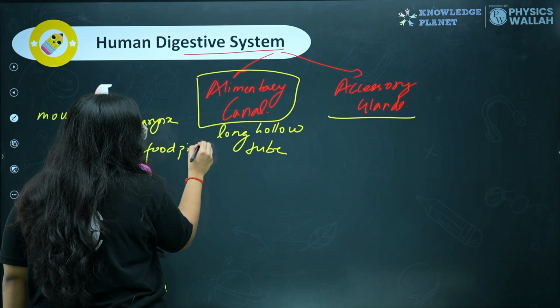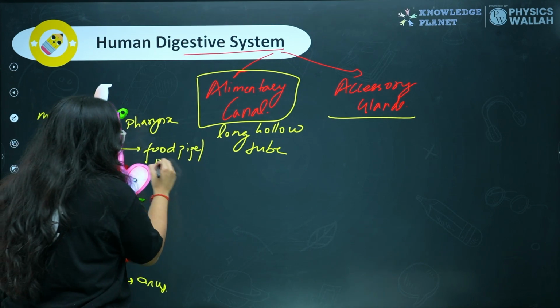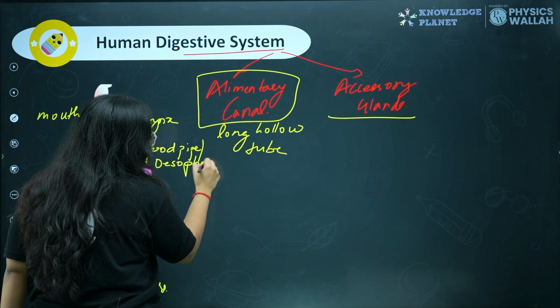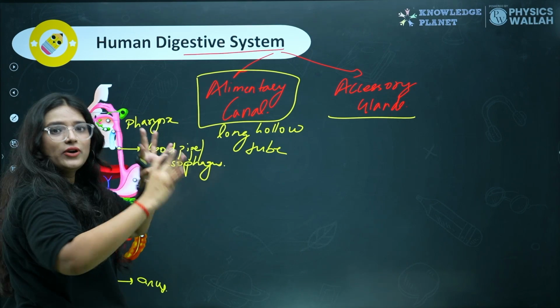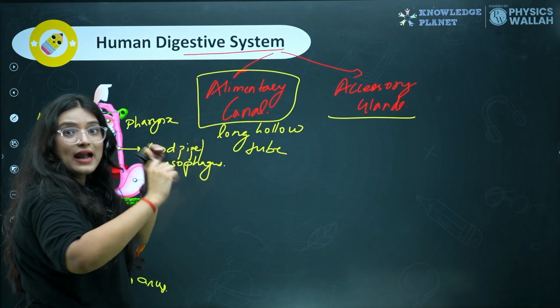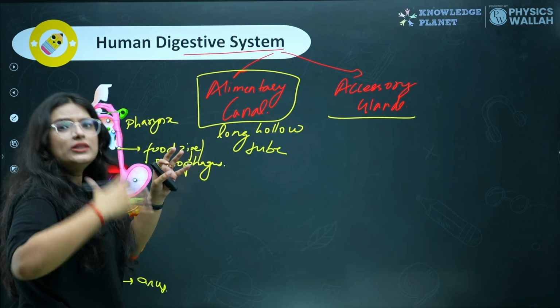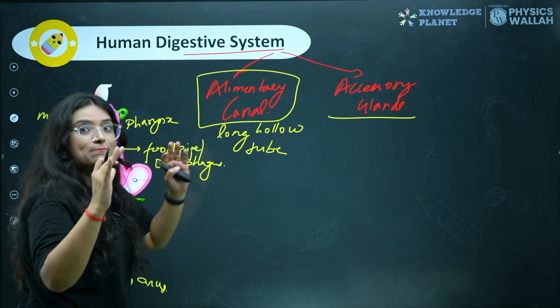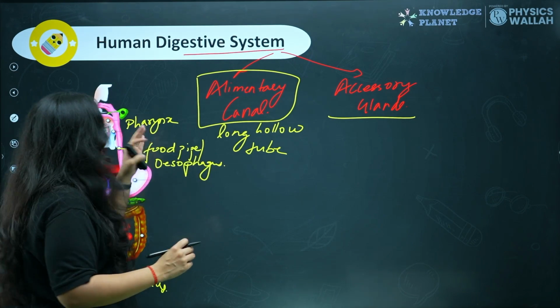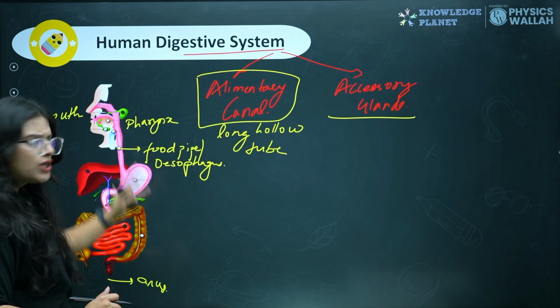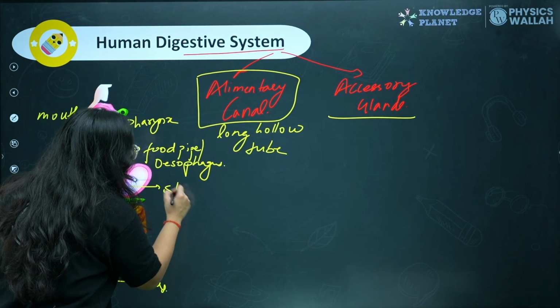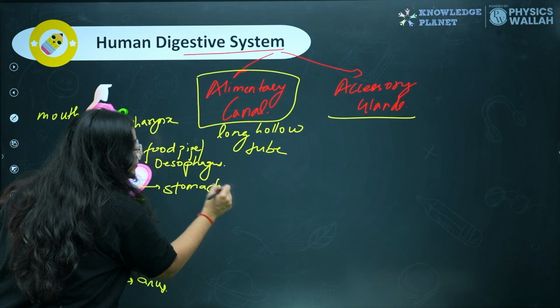What is another name of the food pipe? It is the esophagus. The esophagus then contracts and relaxes, and this rhythmic movement is known as peristalsis. Through peristalsis, the food is rushed towards the stomach, which is a J-shaped organ.